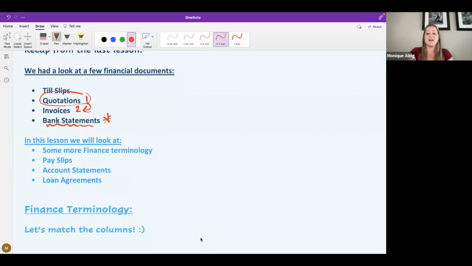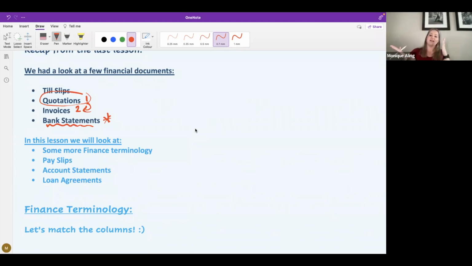Remember, we spoke a lot about bank closing balance, and that's a good one because we're looking at that today. Well done, Yasmin. Closing balance works hand in hand with opening balance. Balance is another one. Withdrawal, that's money coming out of your account. Debit and credit, good. Deposit, good, and debit order.